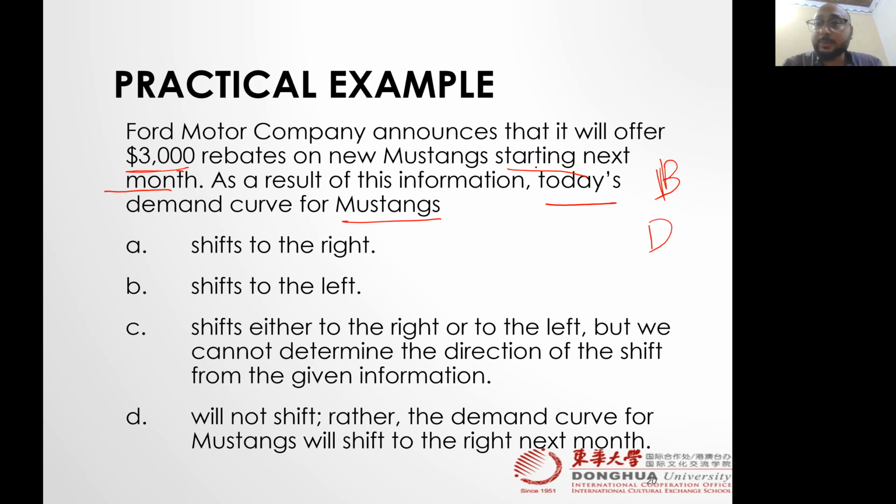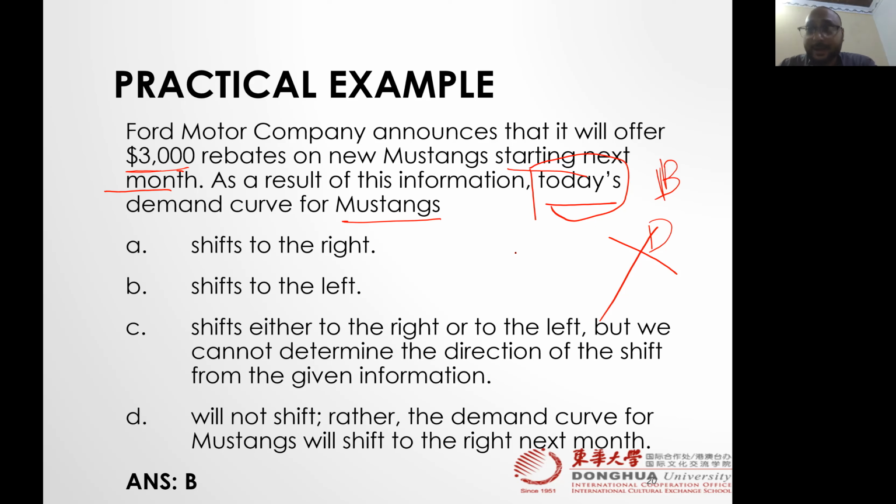So they ask you what today's demand curve for Mustangs is. The answer is B, well done, not D. Why is that? Because right now the price remains the same.